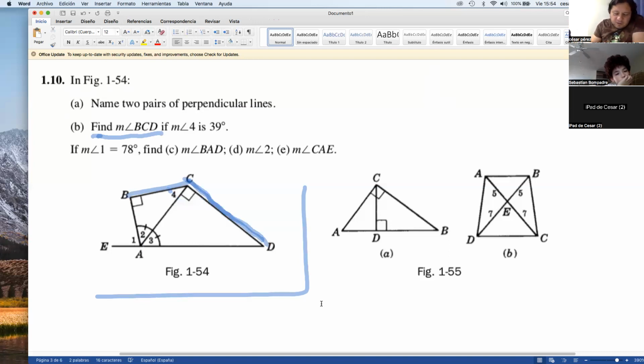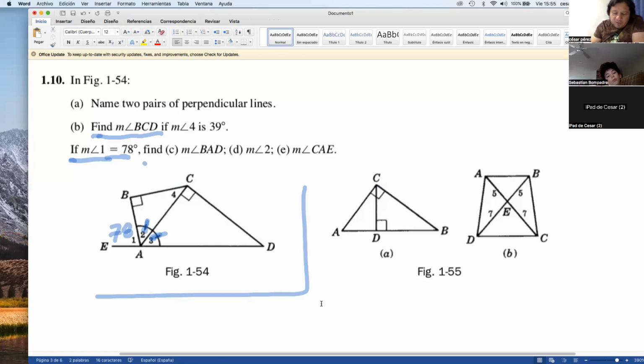If this measure is 39, then it would be 129. Okay. Now if angle 1 measures 78, it will be 78. In this kind of drawing, if we have the same mark in two angles, it means that they are equal.